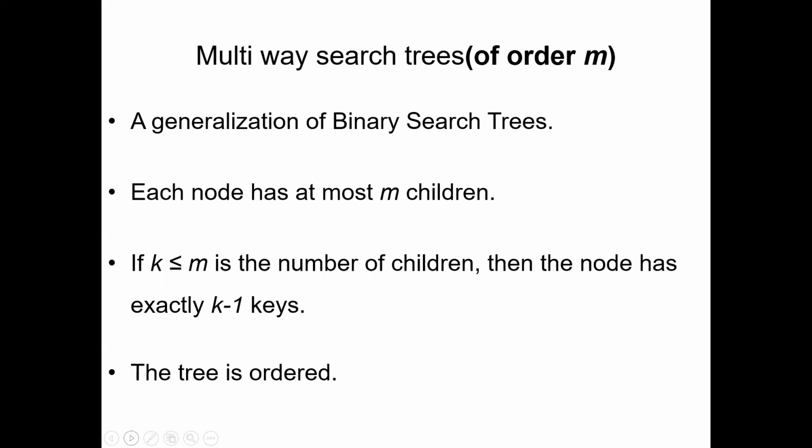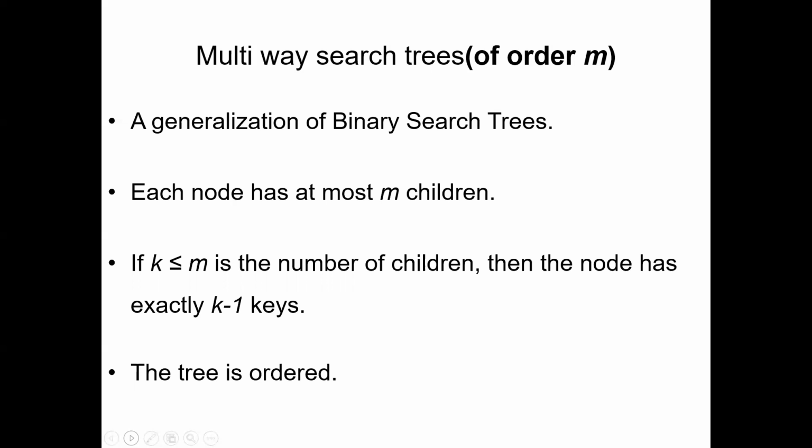B tree is also known as multi-way search tree. When we call a search tree a multi-way search tree or B tree of order M, this means that a node in a B tree can have at most M children. So a B tree is a generalization of binary search trees.